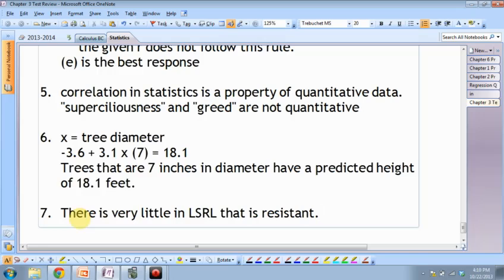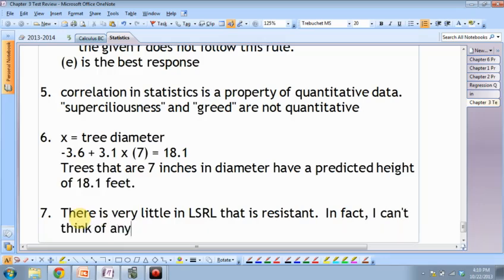D. In fact, I can't think of any resistant measures.